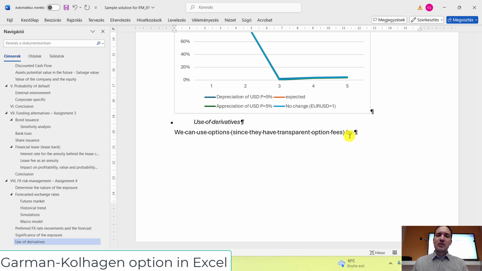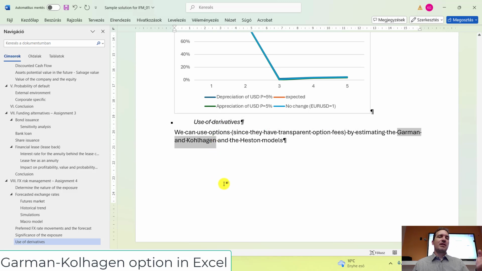So we can use options by estimating the Garman-Kohlhagen and the Heston models. Because usually option fees are somewhere between them. So Heston models are more expensive, Garman-Kohlhagen are less expensive.